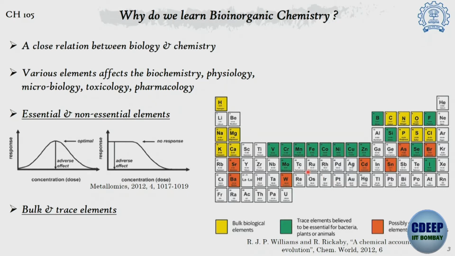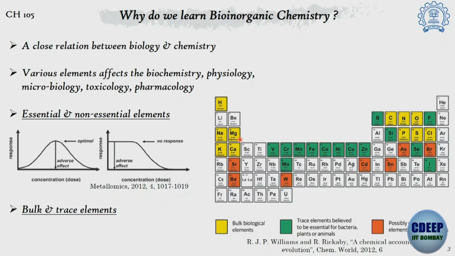Now out of these colored ones, you can see there are 3 different colors. That is divided according to the concentration available in biology for that particular element. Some elements like carbon, nitrogen, oxygen, sodium, magnesium occur in biology at a very high concentration. So they are known as the bulk elements.